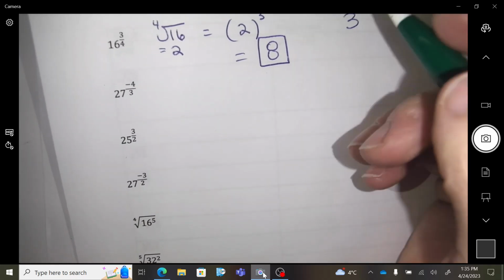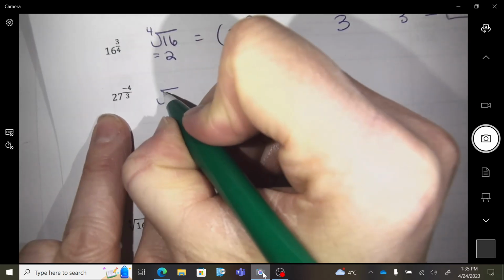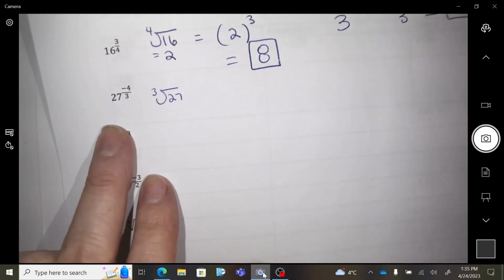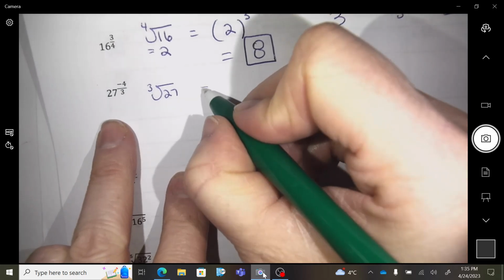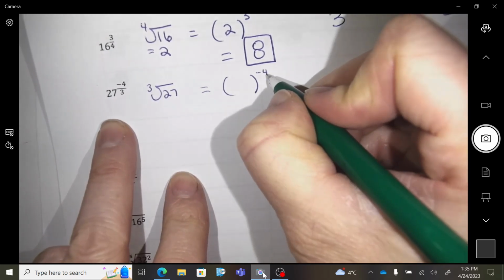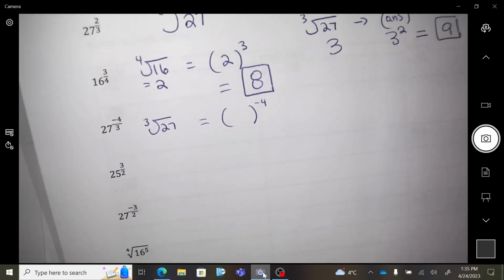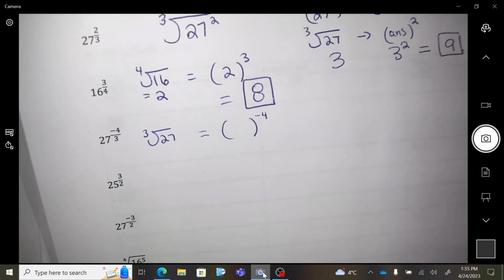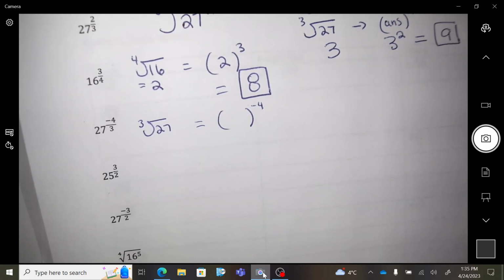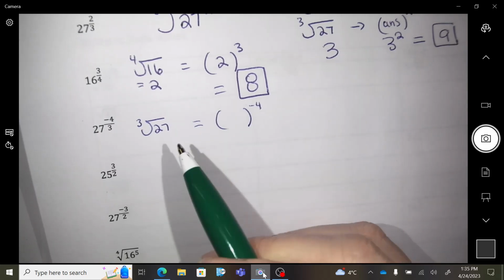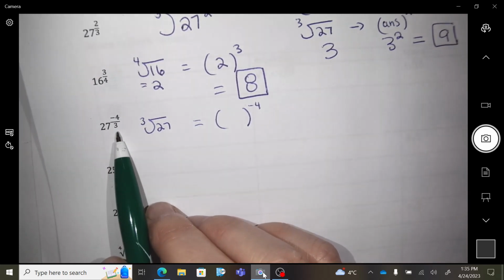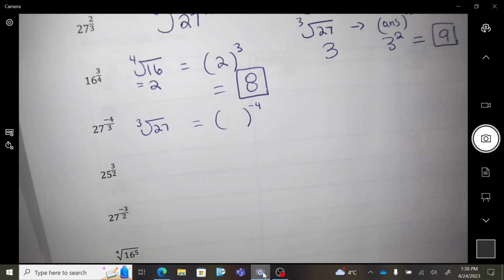Okay, the next one. I'm going to do the cube root, and then whatever I get, I'm going to do it to the -4. So I'm doing the cube root first, and then we'll do the -4 after.